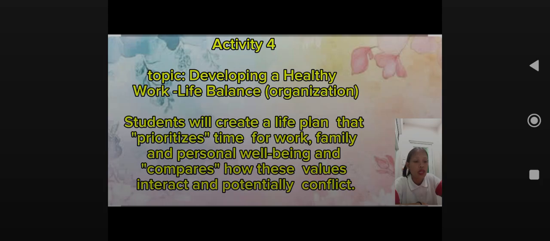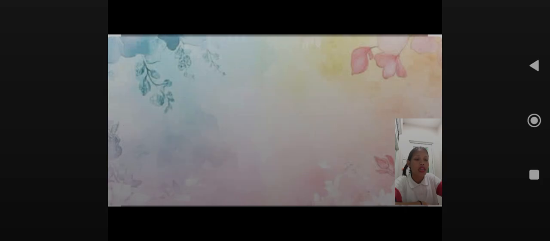So, organization involves bringing together different values, resolving conflicts between them, and building an internally consistent value system. This activity requires students to arrange and order their priorities to form a personal philosophy.